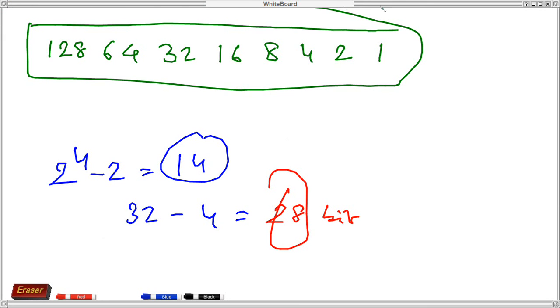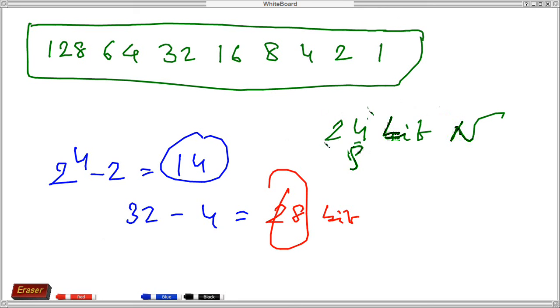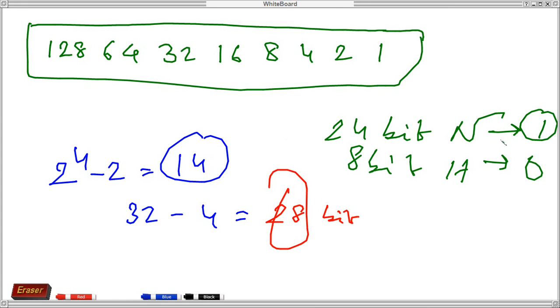The rule says if I have, for example, 24 bit in network and the remaining 8 bit in host, this entire 24 bit network part will be 1 and the host bit will be 0. So there is a table to calculate it.